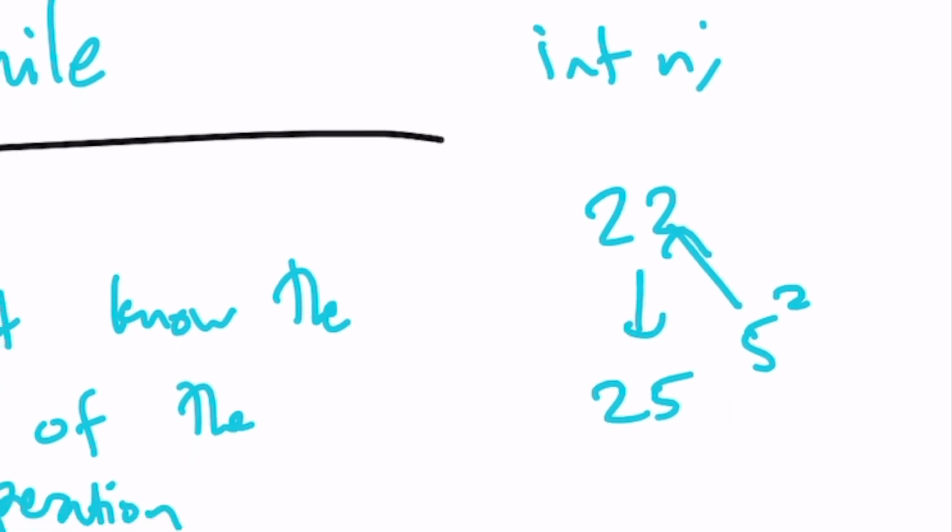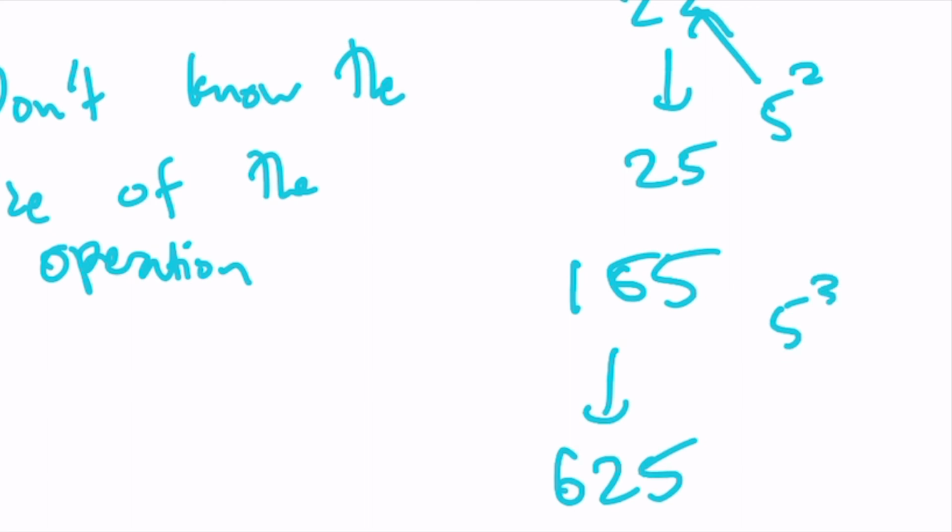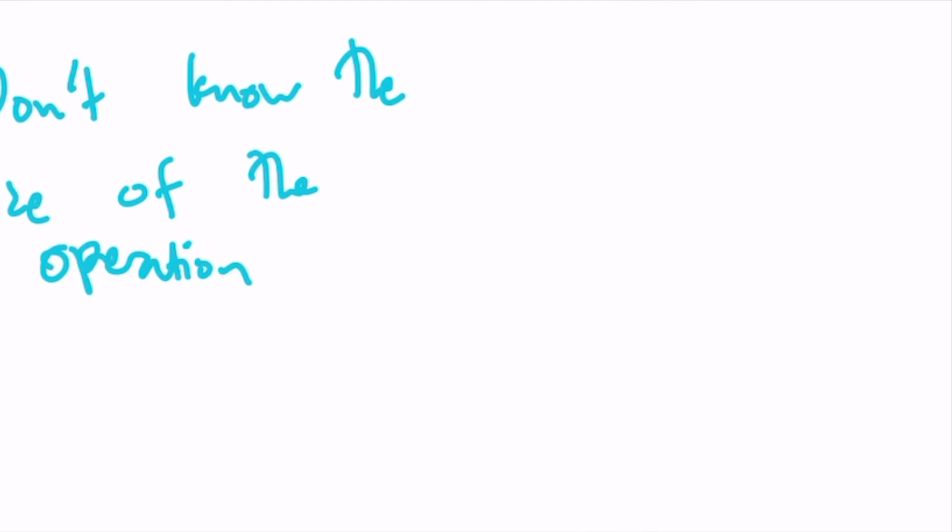Let's say the input was 155. You would return 625 because if we use 5 cubed, which is 125, 125 is still less than that. So we would have to use the next power of 5, 625, which is greater than this, so the program would return 625.